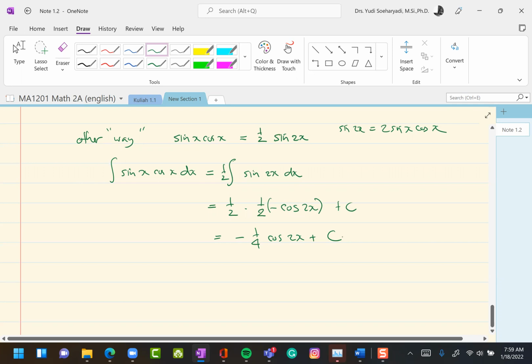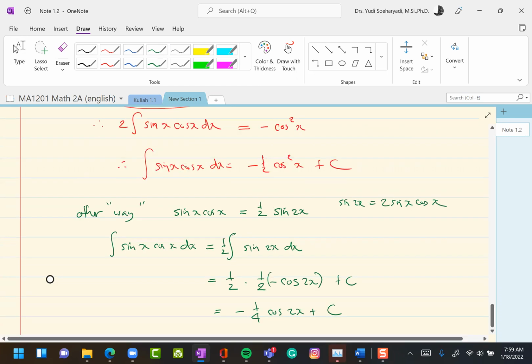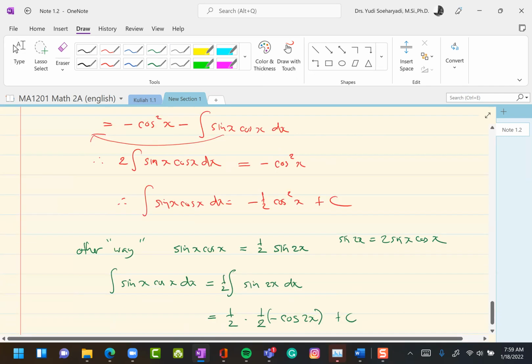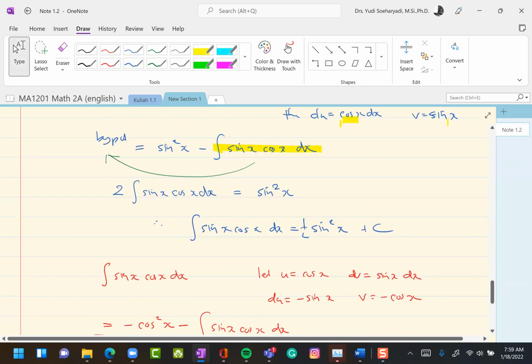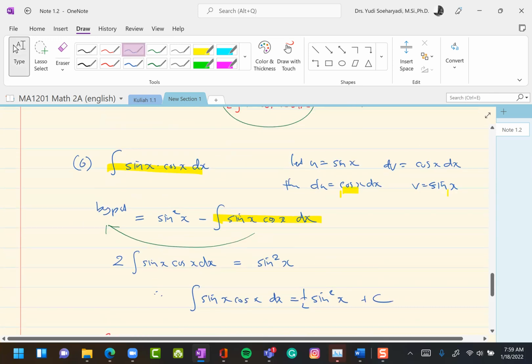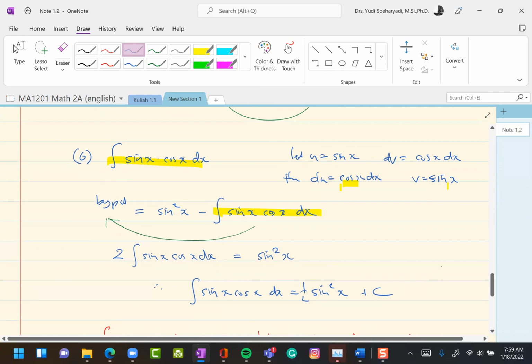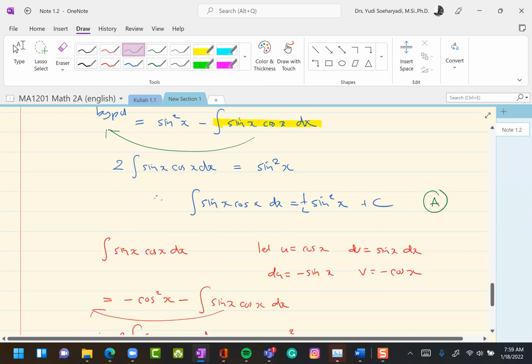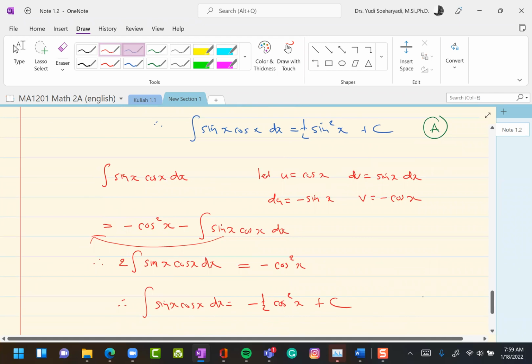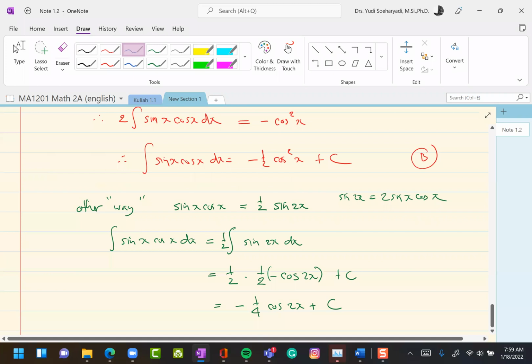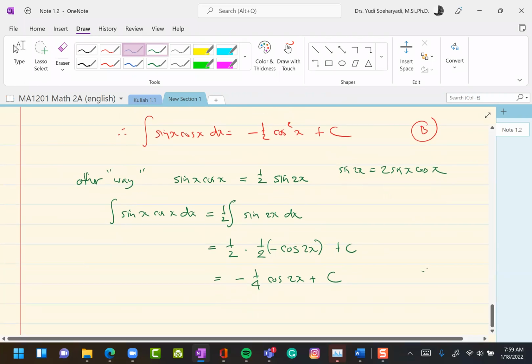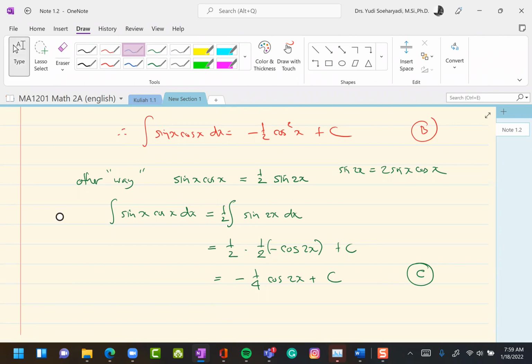So you get three different answers from just one problem. Say this is A, this is B, and here we have C. Sorry, C here is not the constant, but the label.